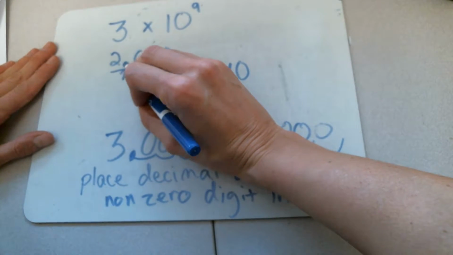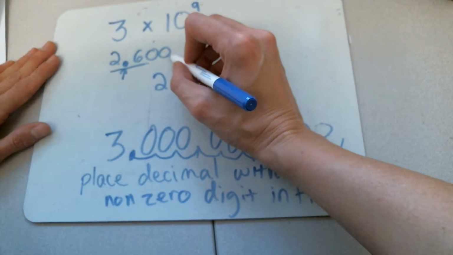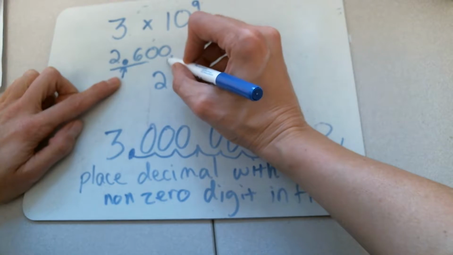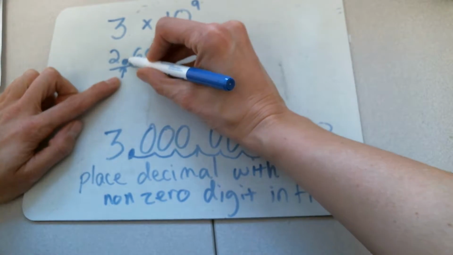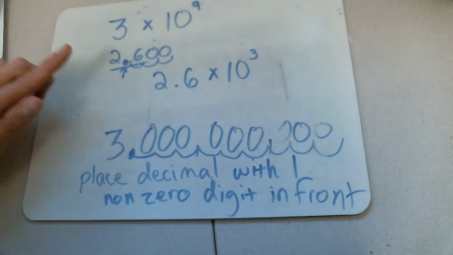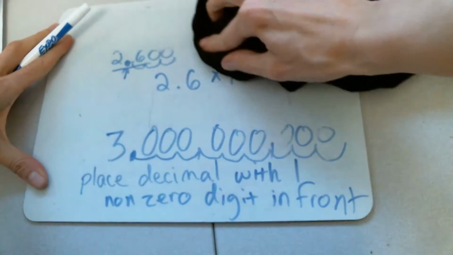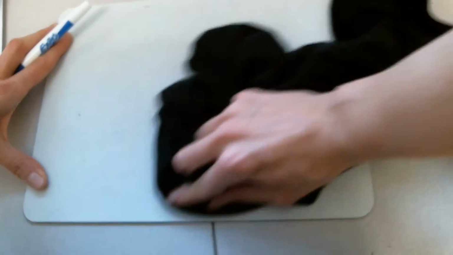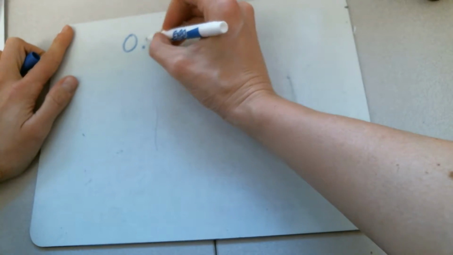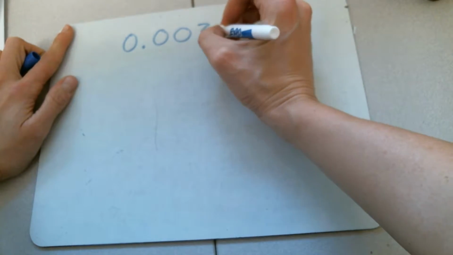And in this case, how many places did I move my decimal to move it from the end of the number to here? I moved it 1, 2, 3, 3 places. So times 10 to the third power. Hopefully that's making sense. So the thing to remember is that when you're dealing with a number bigger than 1, your exponent is positive.